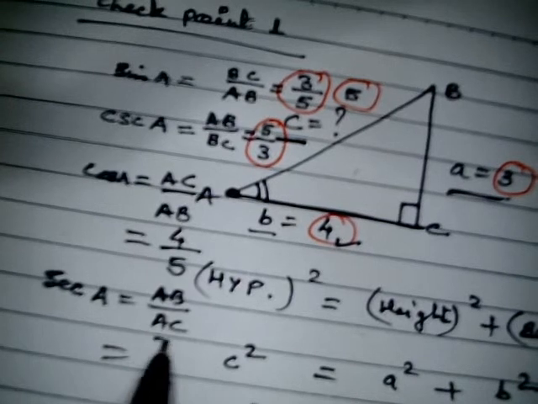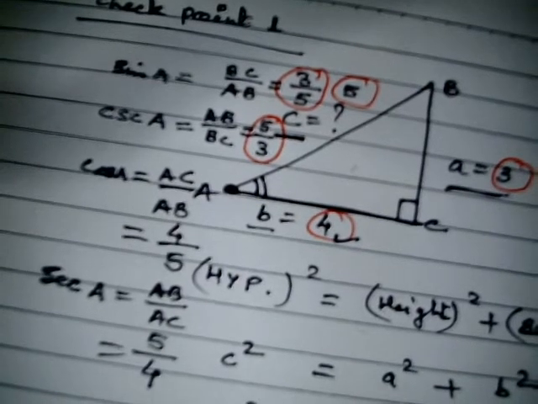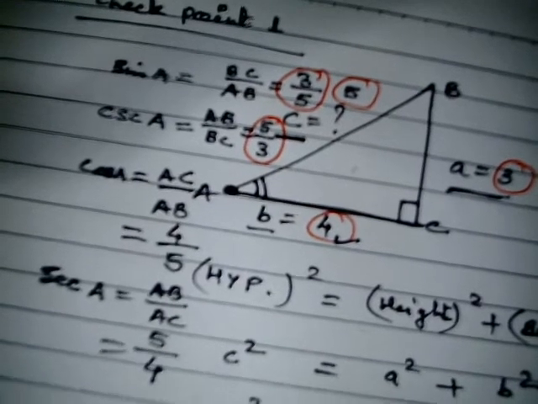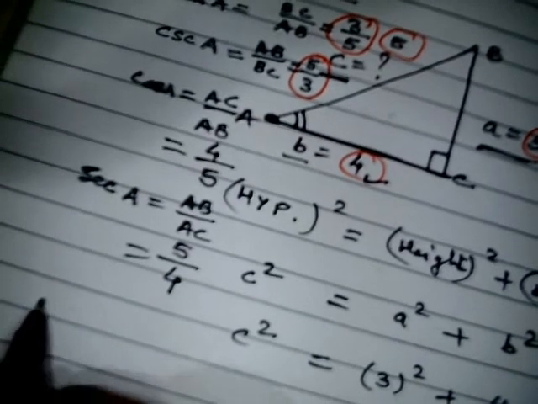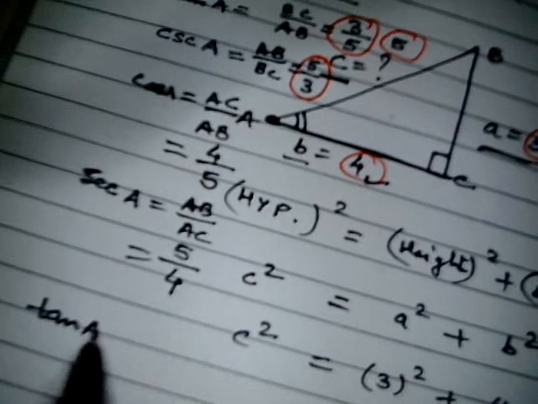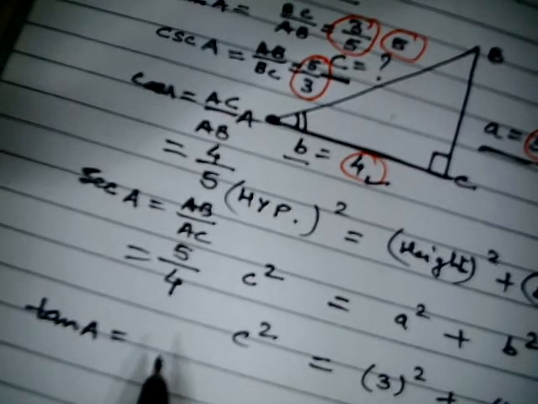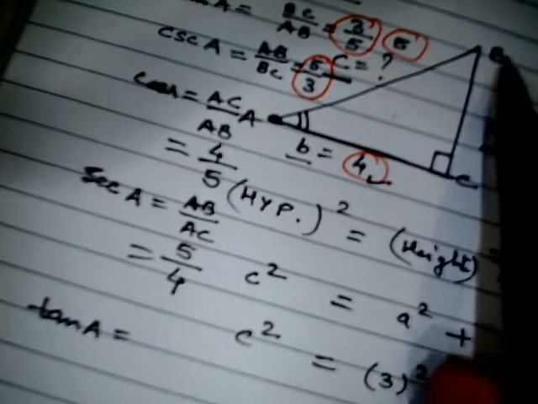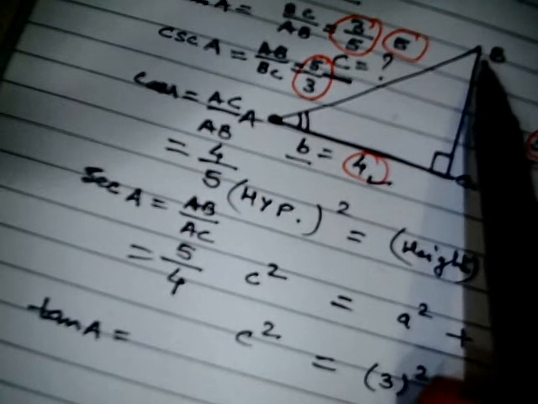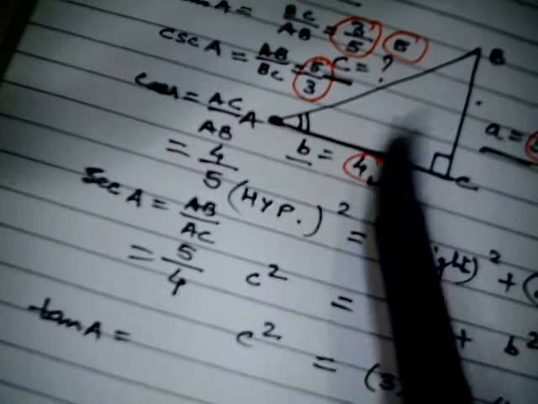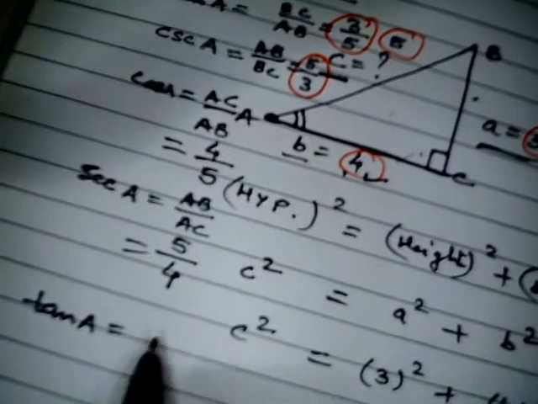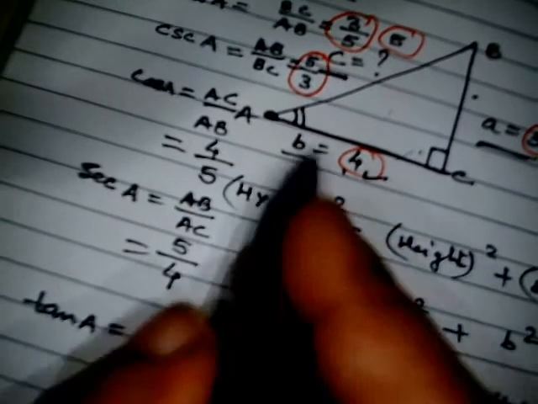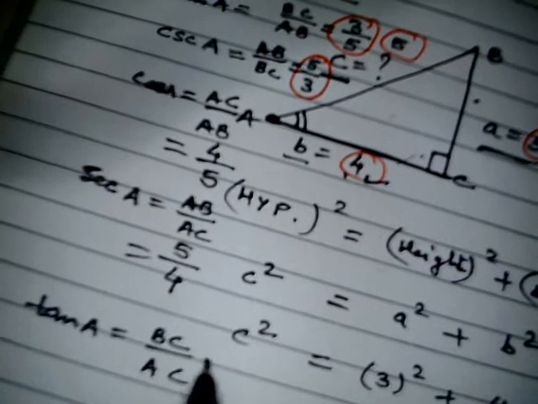Now I am going to calculate tan and cot, because tan and cot are inverse, or reciprocal, of each other. Now tan A. Tan is opposite upon adjacent. Opposite is BC, and adjacent is AC. The BC value is 3 and AC is 4. So tan A is 3 by 4.